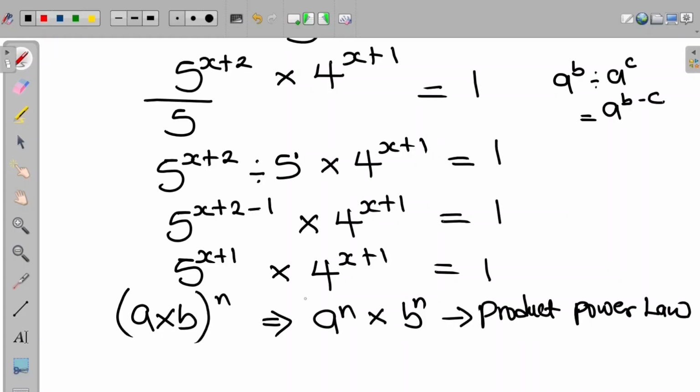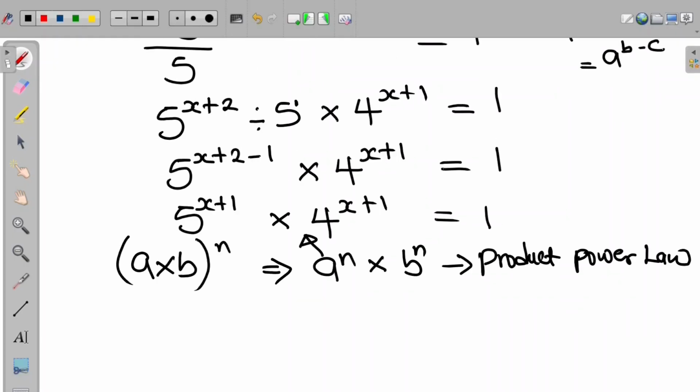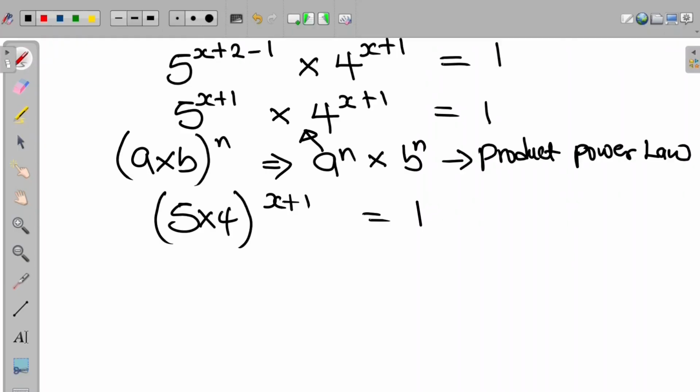So we can apply this law in this equation. We have 5 times 4, all raised to the power of x plus 1, equal to 1. So 5 times 4 is 20. This becomes 20 raised to the power of x plus 1 equal to 1.